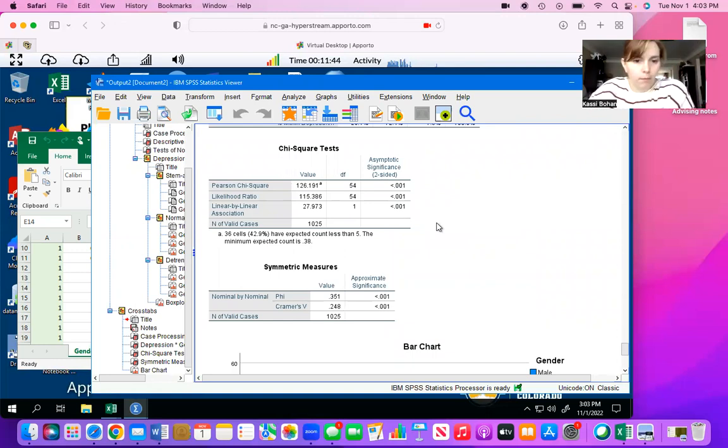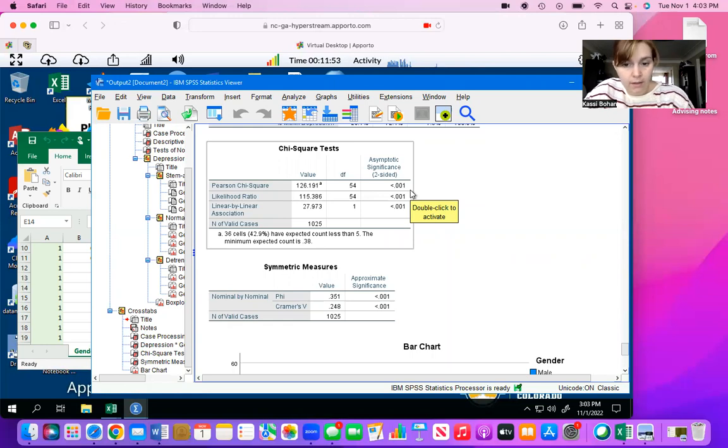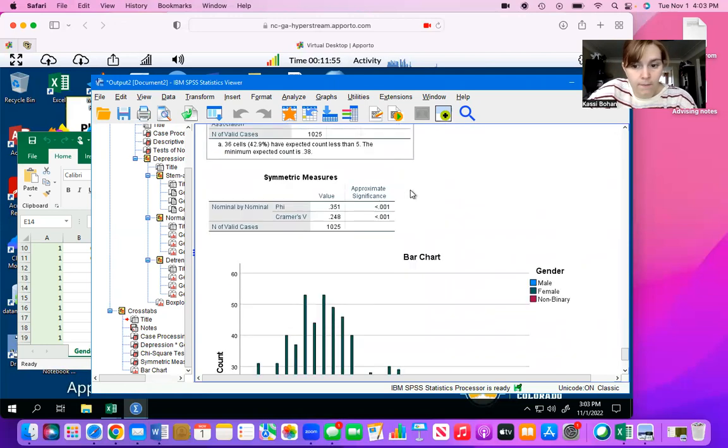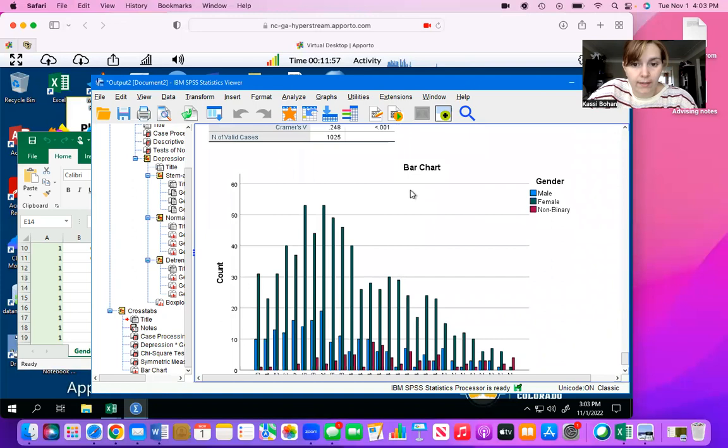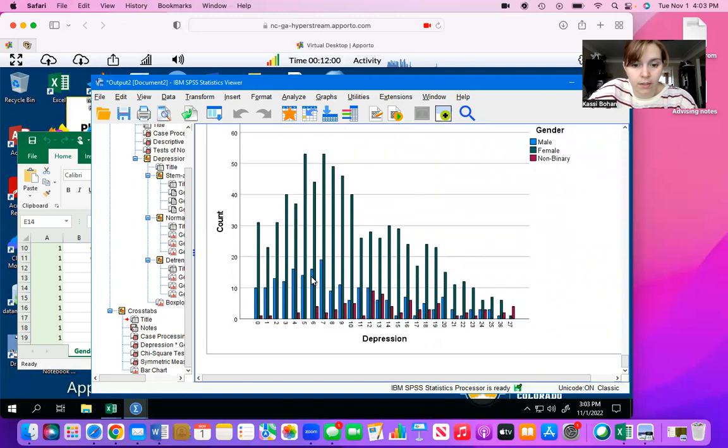Okay, so in our Pearson chi-squared, we see that there is statistically significant evidence. When you look at our bar chart, it looks like there's a trend. There were a lot more females who participated in this study, but you can see that the pattern is pretty consistent with that of the males and that of the non-binary students.